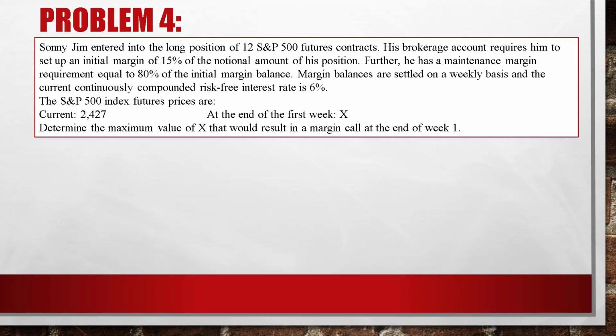Margin balances are settled on a weekly basis, and the current continuously compounded risk-free interest rate is 6%. The S&P 500 index futures prices are currently 24.27, and at the end of the first week X. Determine the maximum value X that will result in a margin call at the end of the first week.